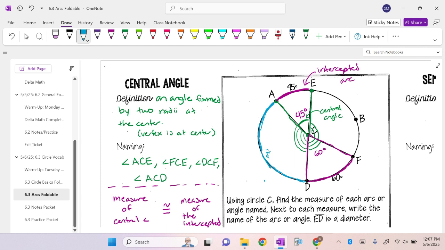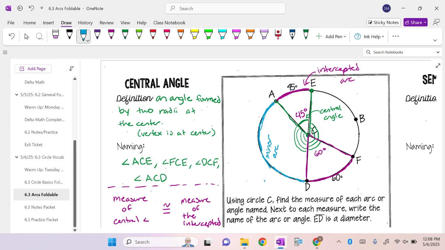So this right here is my minor arc. And again, what segment of a circle determines where my 180 degrees stops? How do I know that I've gone 180 degrees around a circle from a starting point?